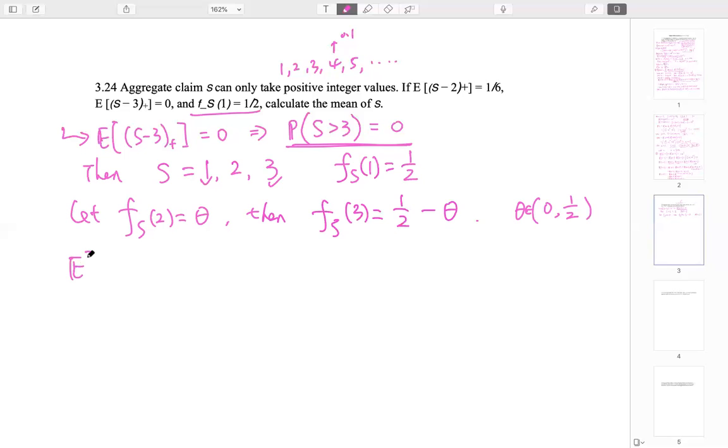So with this setup, let's use the other condition. When S is 1, this is 0. When S is 2, it is also 0. When S is 3, 3 minus 2 is 1 times the probability 1/2 minus theta equals 1 over 6. From there, we know the probability that S equals 3 is 1 over 6, so theta is 1 over 2 minus 1 over 6, which is 1 over 3, right?